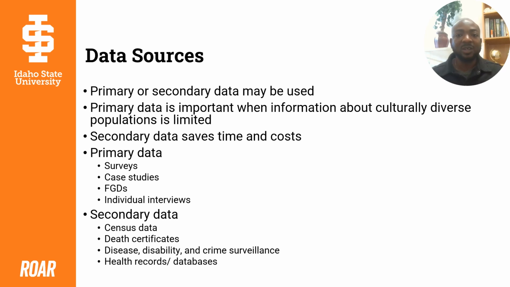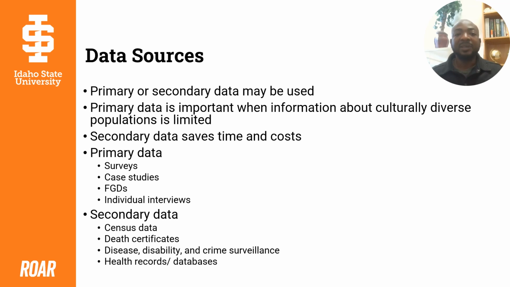So secondary data may be obtained from death certificates, disease, disability and crime surveillance, health records, and surveys. Useful indicators are vital statistics, births and deaths, age-specific death rates, and disease-specific morbidity and mortality rates.